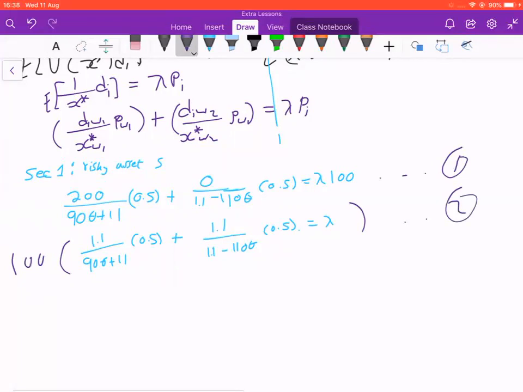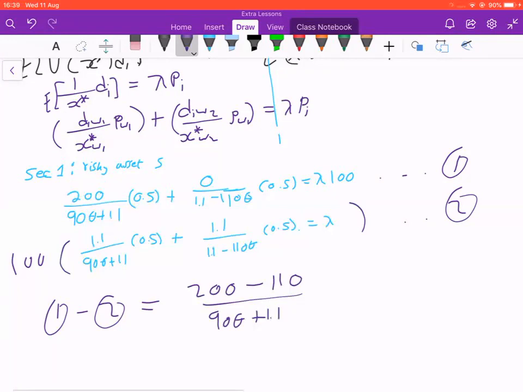So if that's the case, you will have 200 minus 110 all over 90 theta plus 1.1 with probability of 0.5.